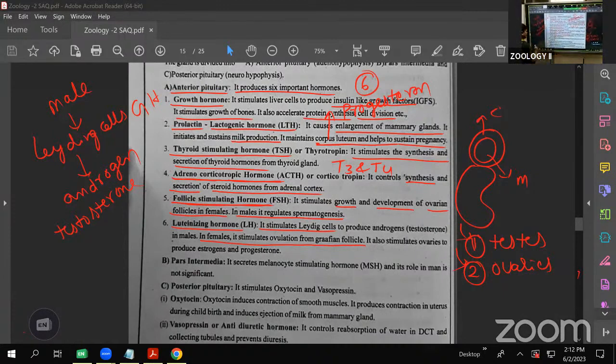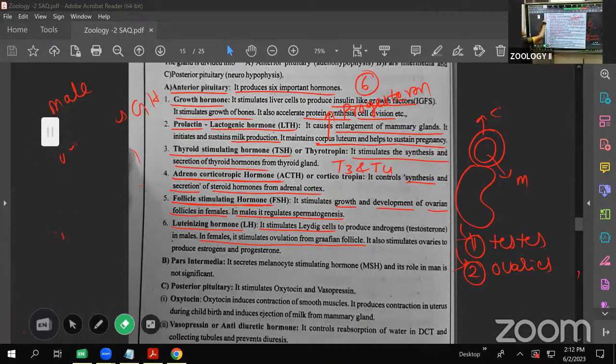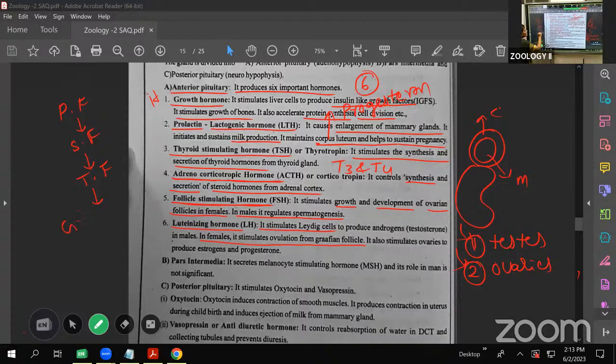First, the undeveloped one, we call the primary follicle. The primary follicle develops into a secondary follicle, the secondary follicle forms a tertiary follicle, and lastly they form a Graafian follicle. From the developed Graafian follicle, the ovum is released, which we call ovulation.